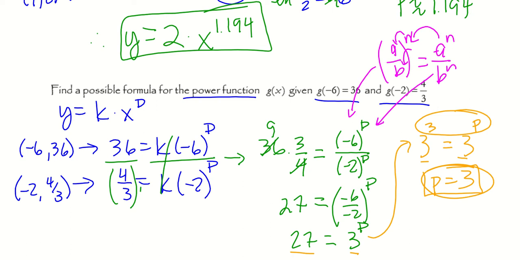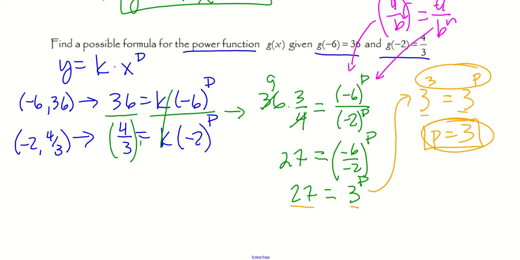What I don't have yet is k. So let's come back now, and let's take that p equals 3 along with one of these two equations. I think I'm going to take the bottom equation.